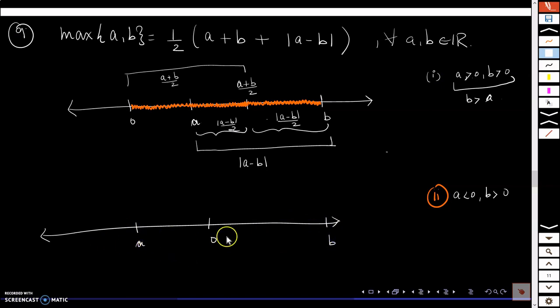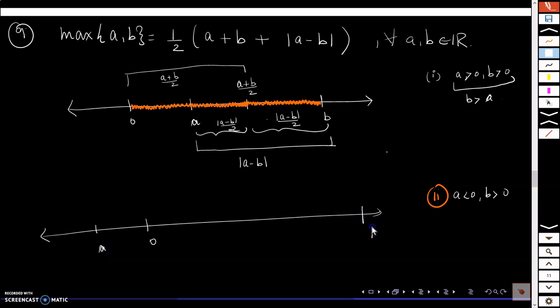I'll just increase the distance of B so that I can mark the midpoint properly. So supposing this is my real line, 0 is here, A is here, and B is here. B is positive, A is negative. So their midpoint will be somewhere here, more or less, I'll put it here, right?